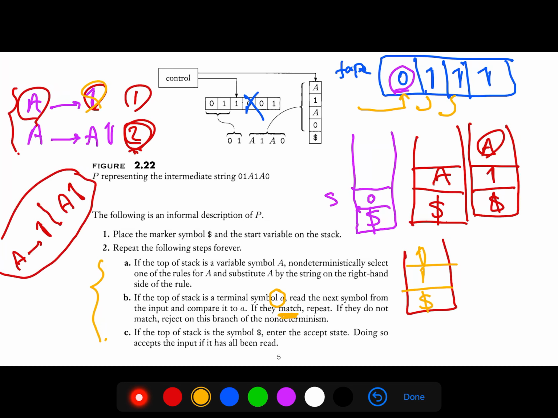So because they match, I can pop that and look at the next one. So my stack is now updated like this, dollar and then 1. So I read the next one, I see the next one is 1 and say, okay, because they match together, I can pop that, and finally I reach this dollar and everything is empty.